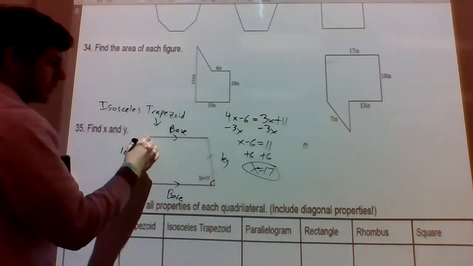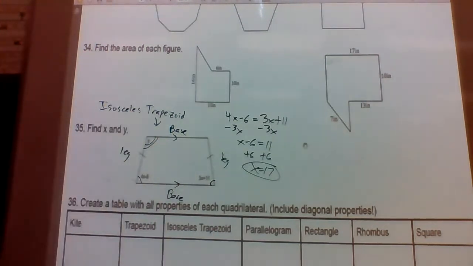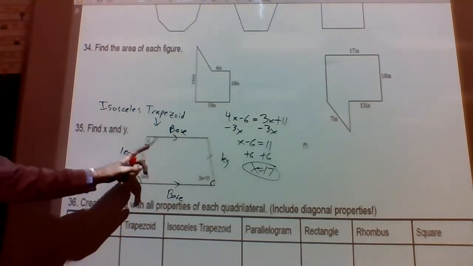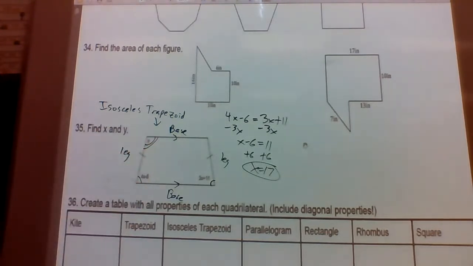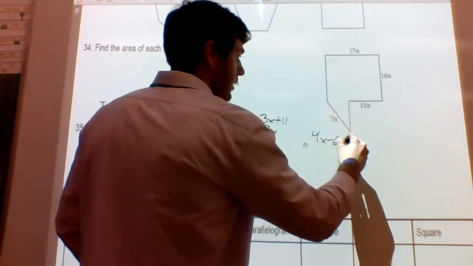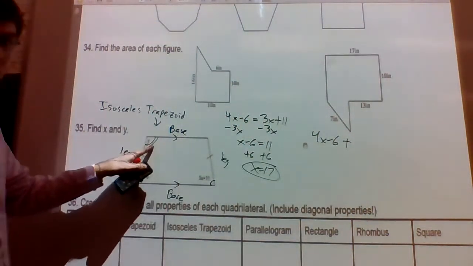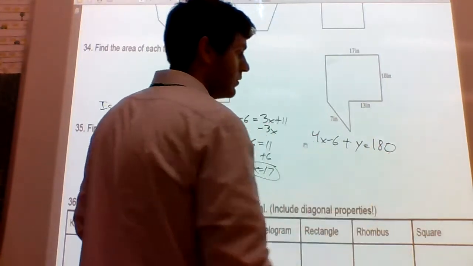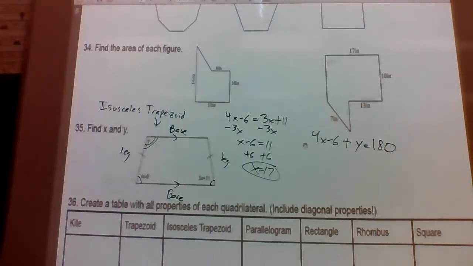The other thing we know about all trapezoids, not just isosceles trapezoids, is that the consecutive angles between the bases are supplementary. So these 2 angles are supplementary. So 4x minus 6 plus y. Supplementary means that their measures add up to 180. So we can do 4x minus 6 plus y equals 180.